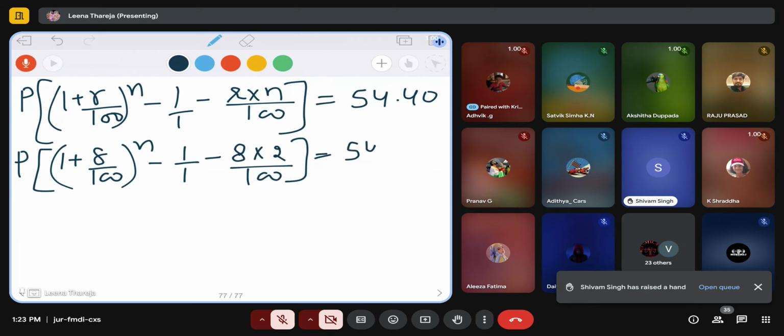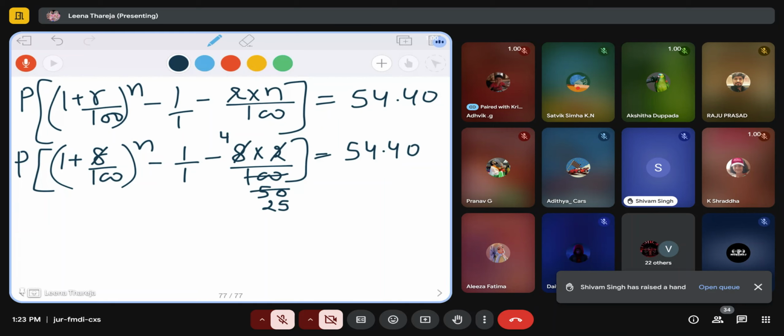Now children, I will simplify this part. If you simplify this, 250 is a 100, and then again if you cancel by 2, how much will you get? 4 is a 25. Am I right?